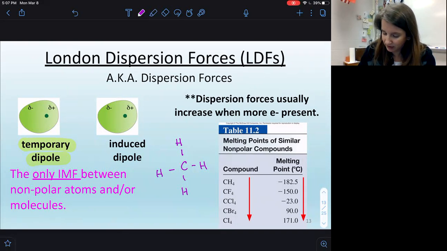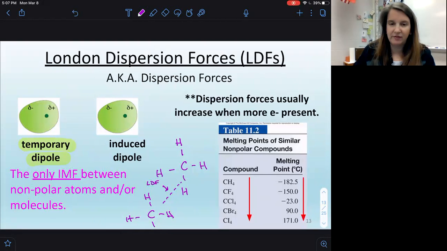So if we had another molecule of methane, as these molecules were moving past each other, they could form, this is a hydrogen down here, I just can't draw it, this temporary attraction between these two, and this temporary attraction right here is a London dispersion force. We abbreviate that as an LDF, okay?